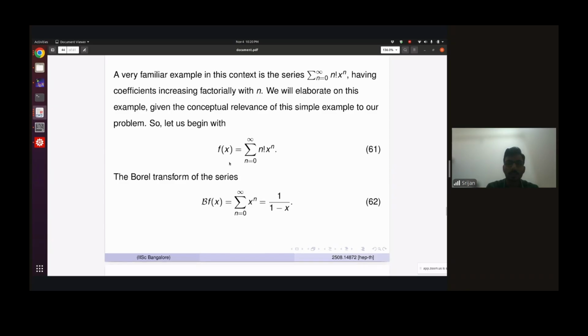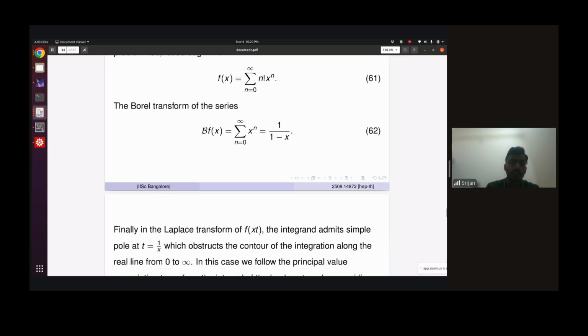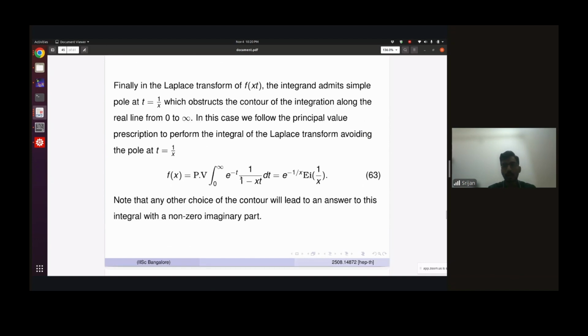It's just a simple example for this series. You first divide by n factorial, and then you sum over n equal to 0 to infinity, and you get back 1 by 1 minus x. Finally you have to do the Laplace transform. But in the Laplace transform, you can see that there is a pole at t equal to 1 by x.